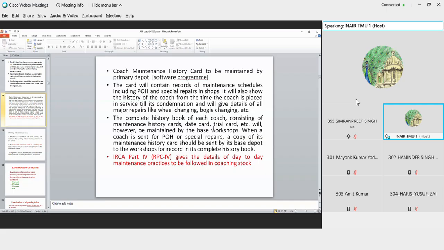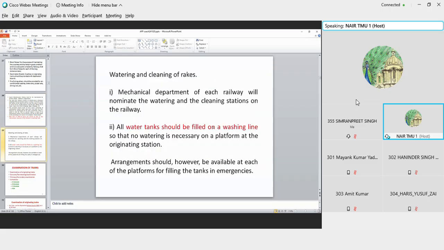Sometimes these coaches come back to us and we are booking them for the workshop with a large number of items which are missing. Door knobs are missing, magazine holders are missing. So we indicate it in the deficiency register so that when the coach comes to the workshop, they know what all work is likely to be done on these coaches.